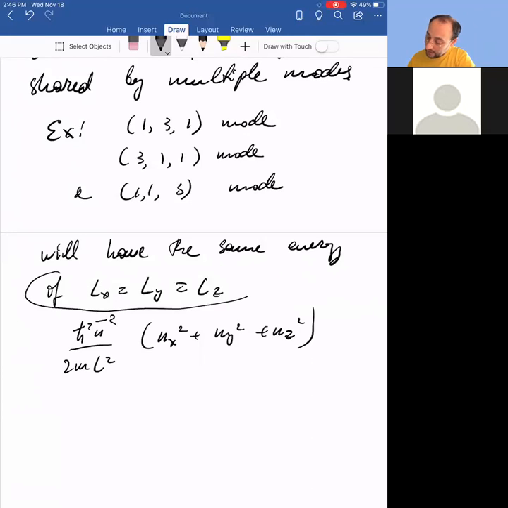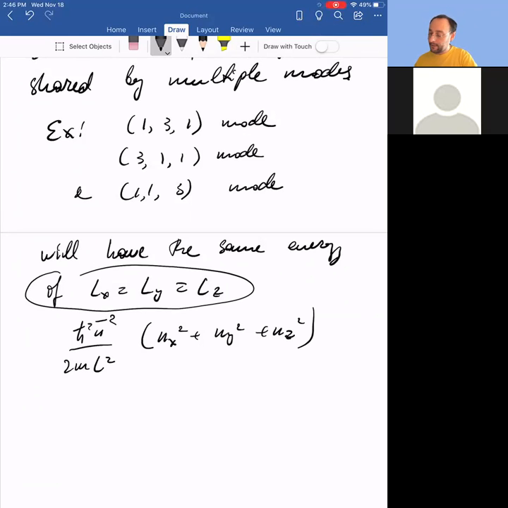So this is the key. If the lengths are the same, then these solutions will have the same energy. If the lengths are not the same, these three solutions will have different energies.